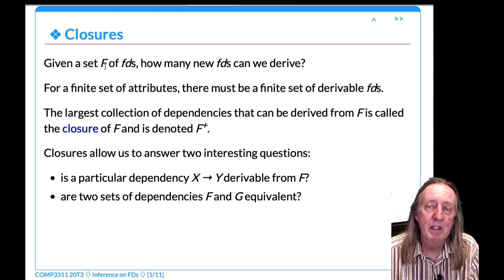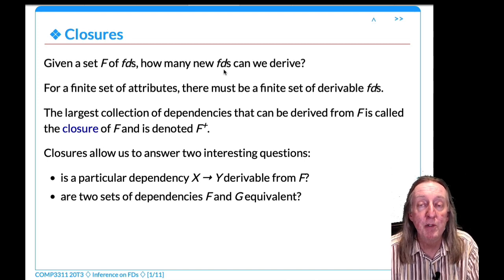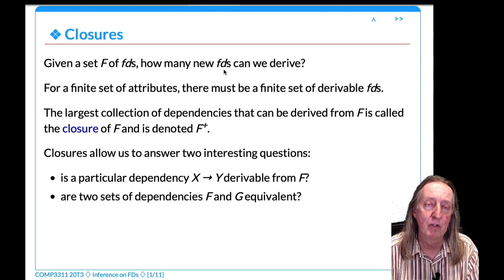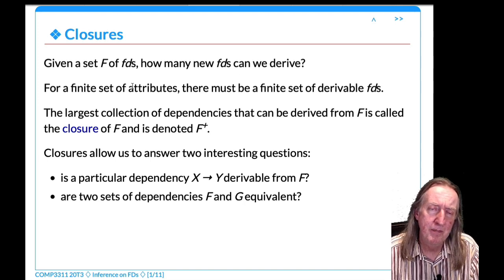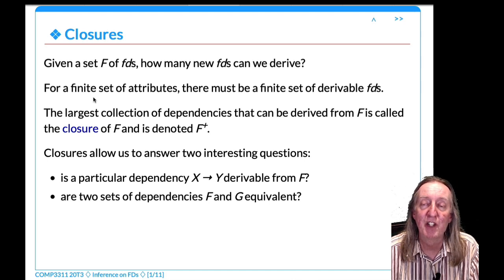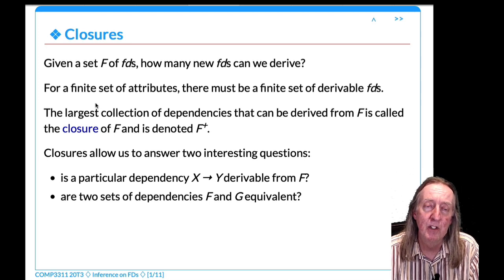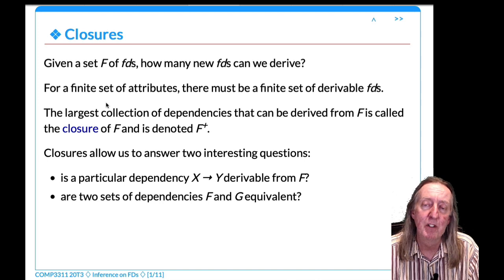Alright, so given a set of FDs, functional dependencies, how many new dependencies can we derive using things like Armstrong's rules? Well, for a finite set of attributes, we obviously can't just generate an infinite number of functional dependencies, so there's going to be a bound on the number that we can generate.